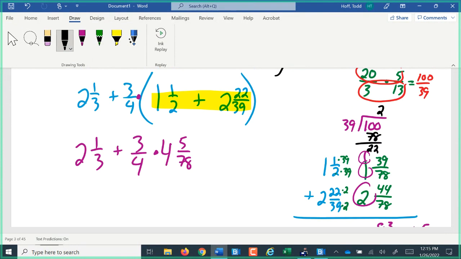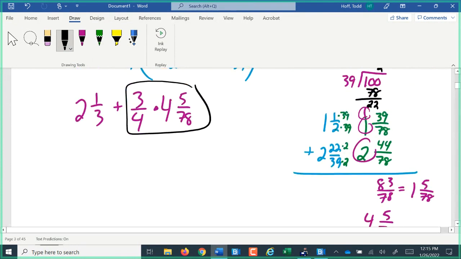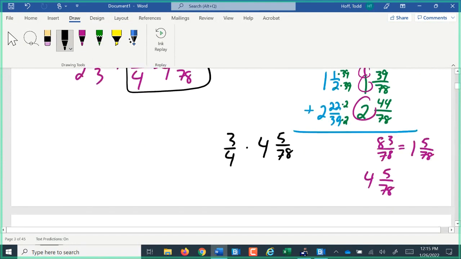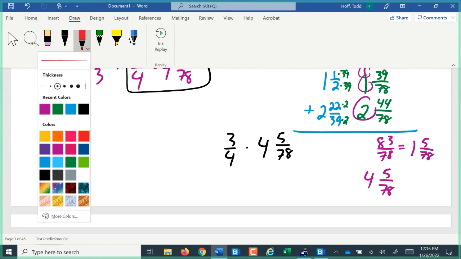Next, I have the multiplication here, 3/4 times 4 and 5/78, I should say. This one's going to get a little bit large because I have that large denominator, 78ths. 3/4 won't change.